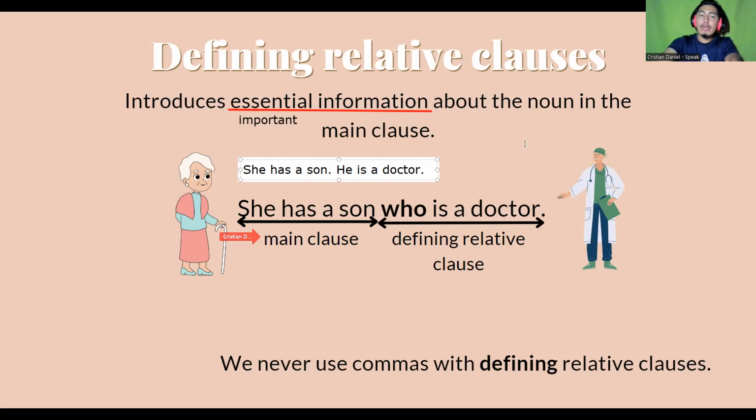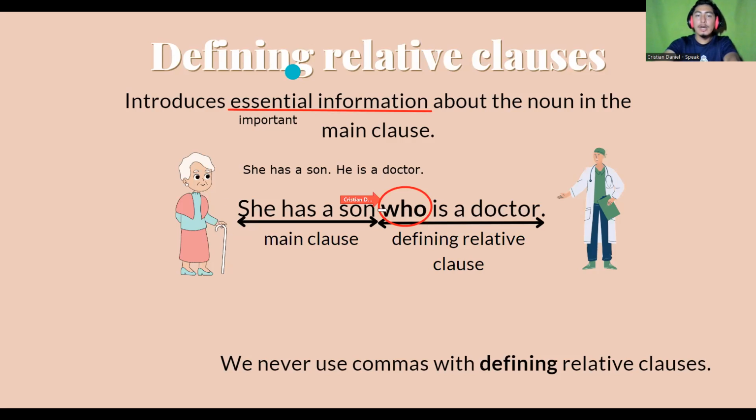Now, when we use the defining relative clauses, we can use a relative pronoun. In this case, we are using who. So it joins the two sentences. Look at it.